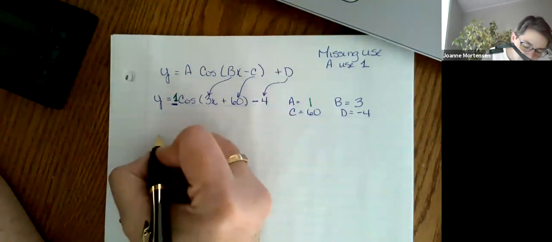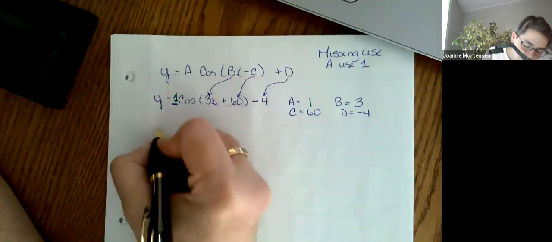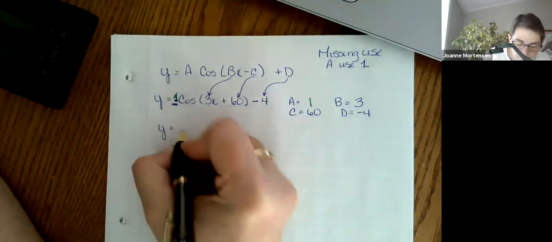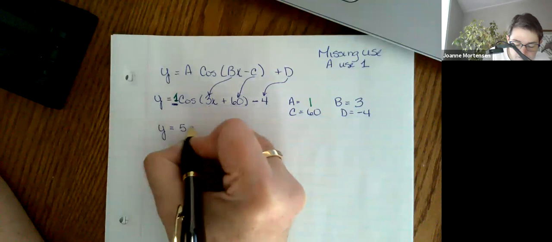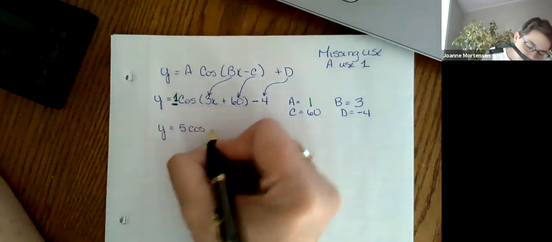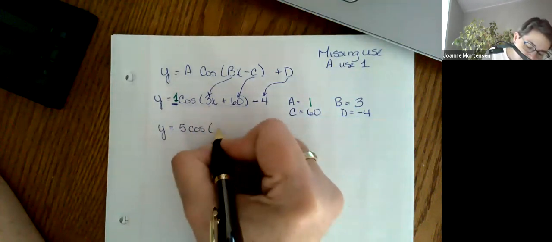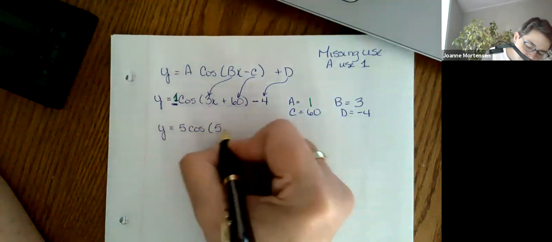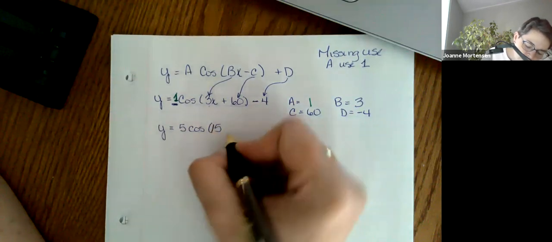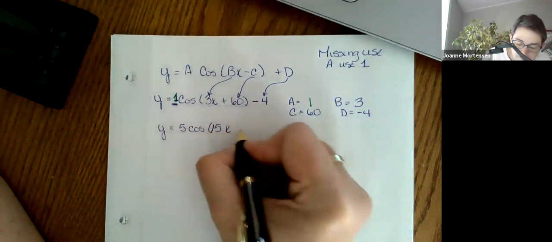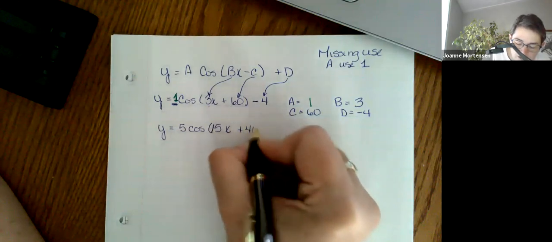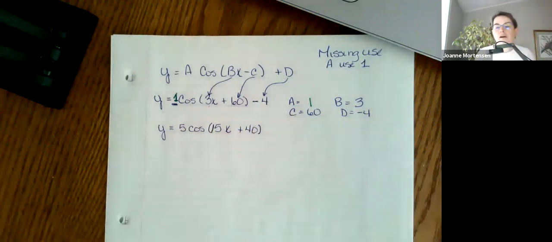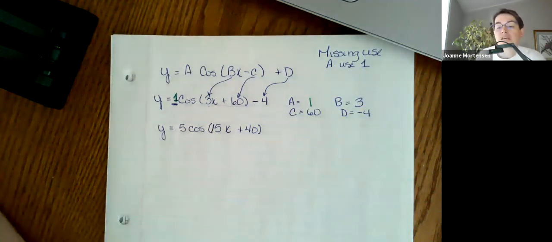All right, so let's try it again. I want to use the same number, 15x plus 40. All right, pause the video and figure out what A, B, C, and D are.